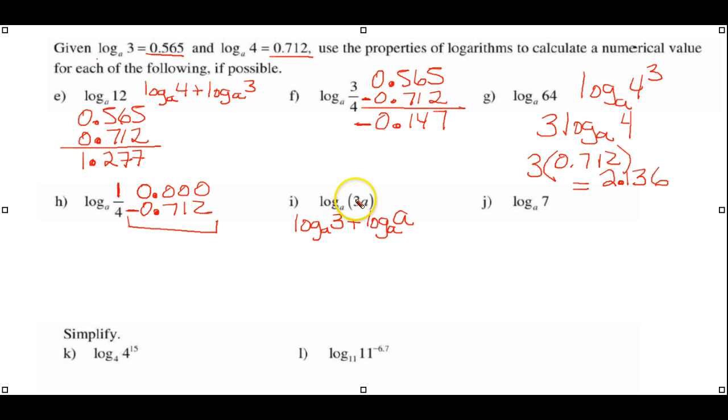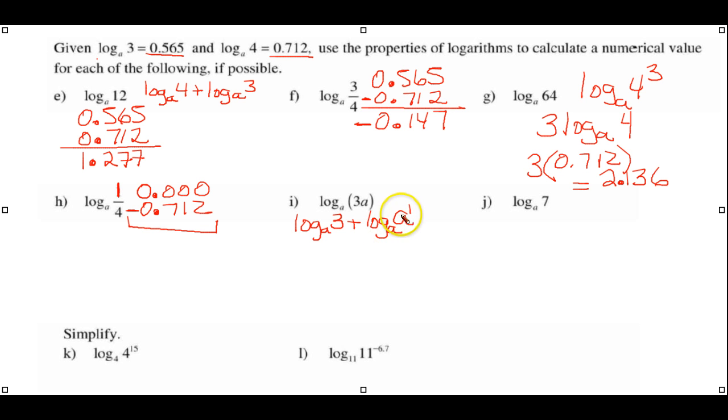Now for letter I, this is a real tricky one. I'm going to separate it into its 2 parts. So it's log base A of 3 plus log base A of A. Now we had mentioned in an earlier example, whenever we have this relationship, and you might say, well, what's the exponent there? 1.